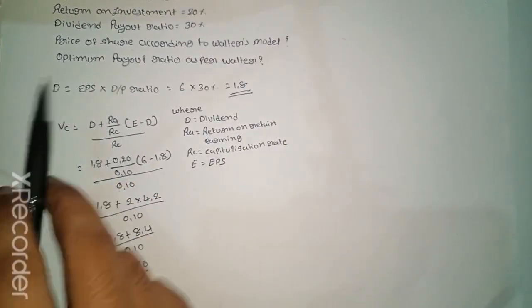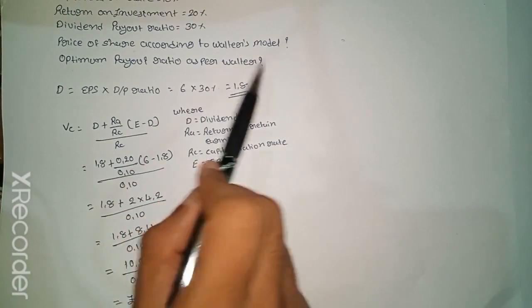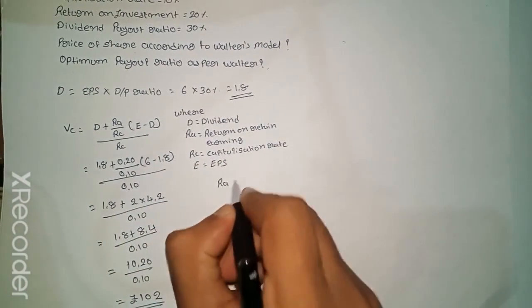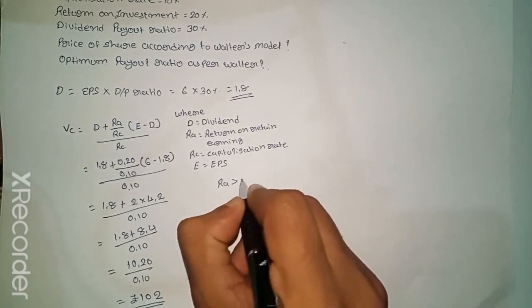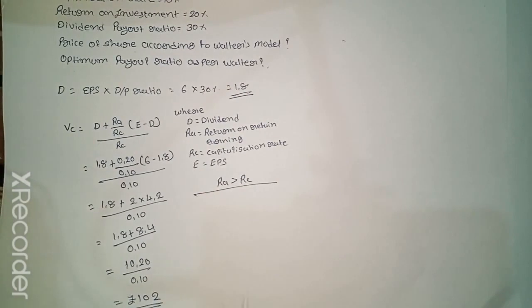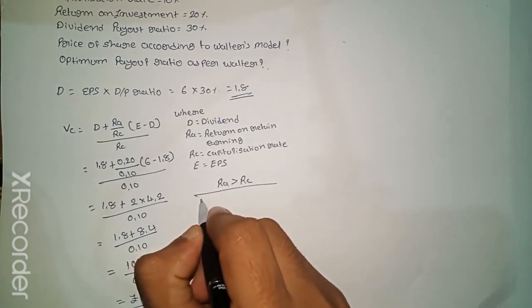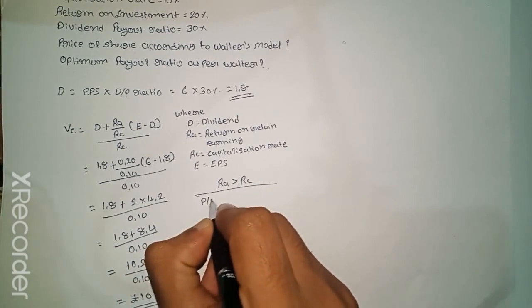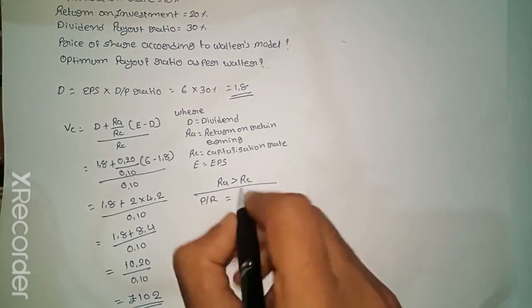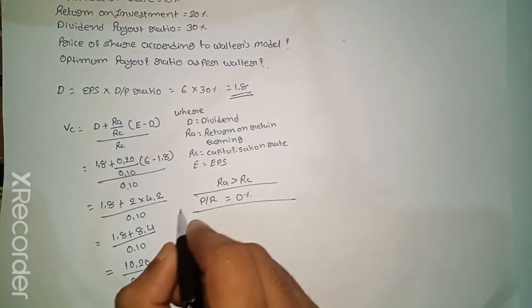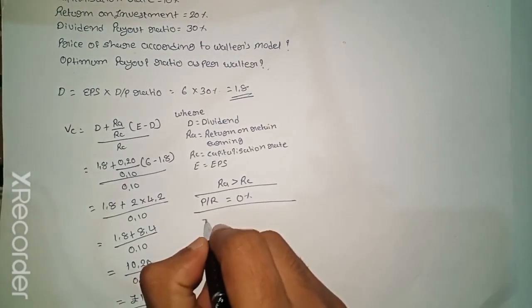Now second question, optimum payout ratio as per Walter's model. Here RA is greater than RC. So as per Walter's model, optimum payout ratio should be 0%. Now we calculate price of share by using Walter's model.